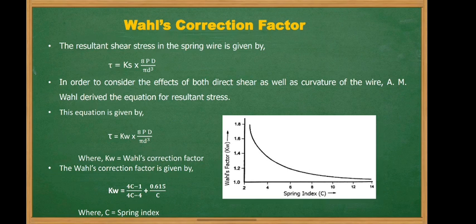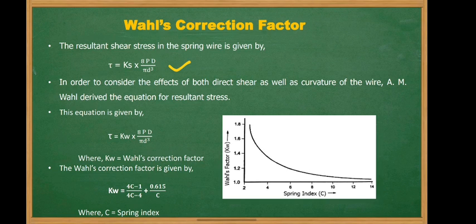In the previous session we derived the equation for shear stress when the spring is subjected to some external load. The resultant shear stress in the spring wire is given by tau is equal to Ks multiplied by 8PD upon pi d cube.